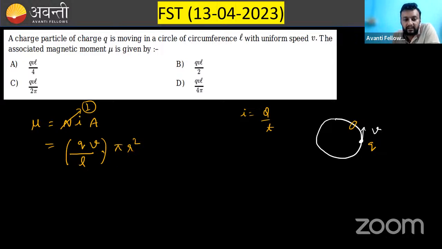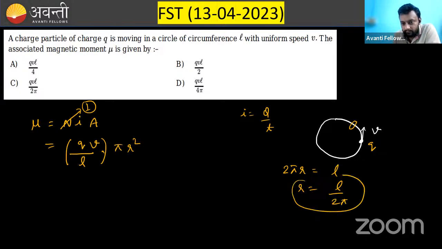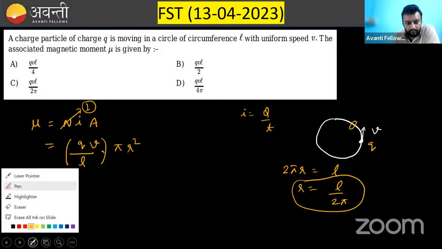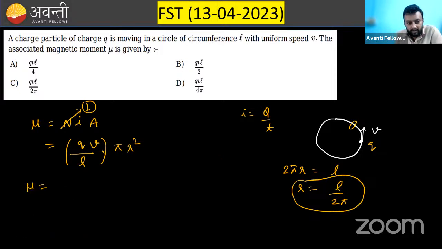Now I have to calculate r, the radius. Given the circumference, 2 pi r is equal to L, so r is equal to L upon 2 pi. Put this value: mu is equal to QV over L, already there. Pi is already there. If I square r, it will become L square by 4 pi square.